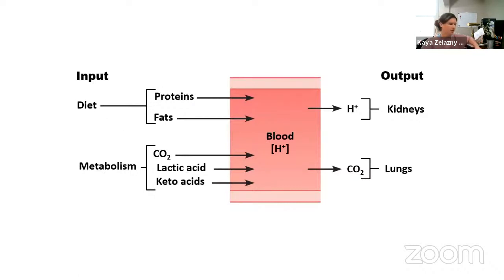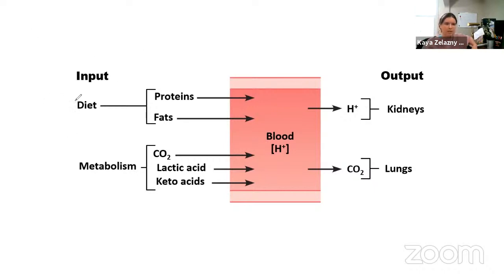Now, in order to understand what's going on with the pH, it's helpful to know where the hydrogen ions are coming from, because that can help us diagnose what the problem is when we're meeting with a patient and we test their blood and notice acidosis or alkalosis.